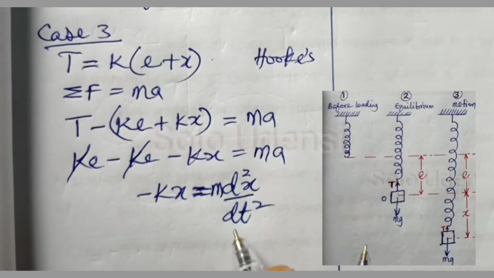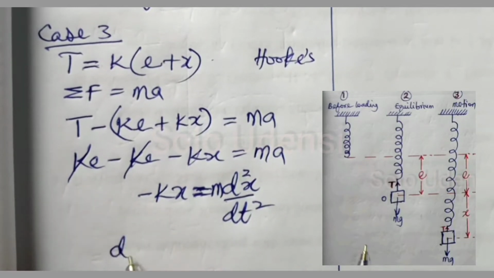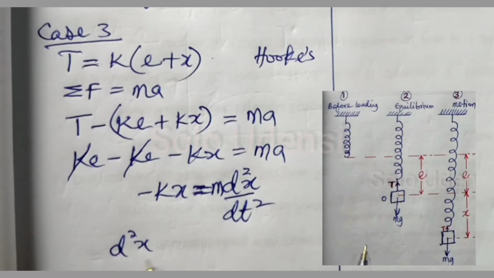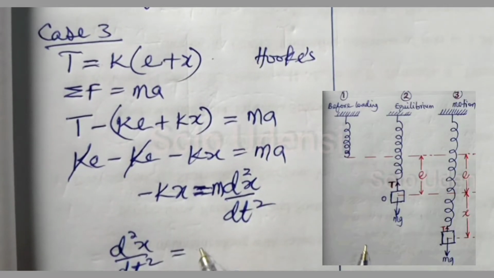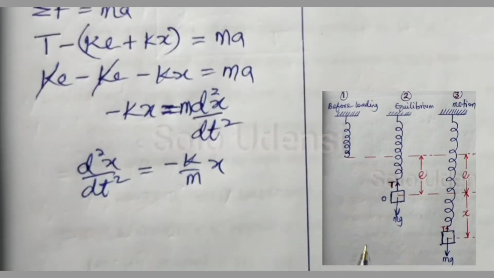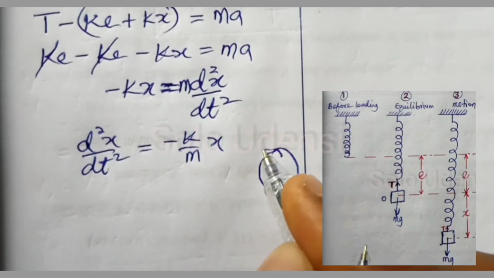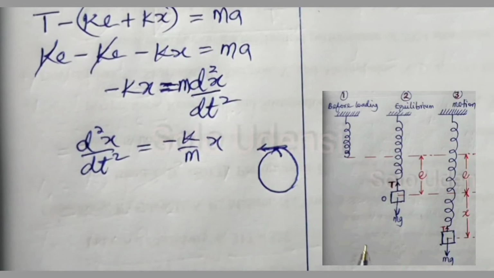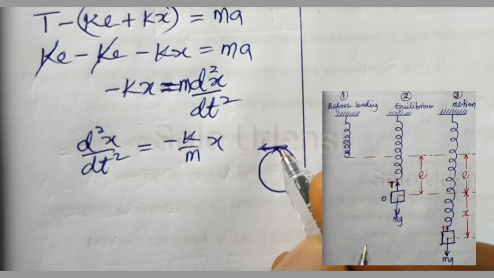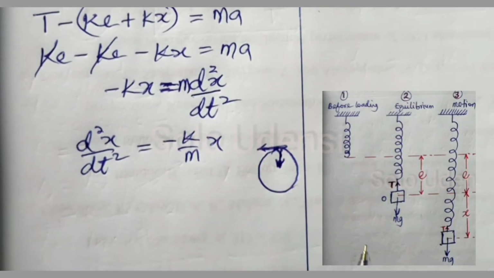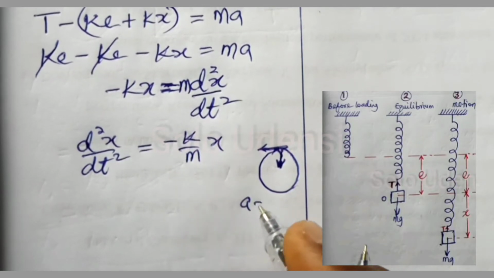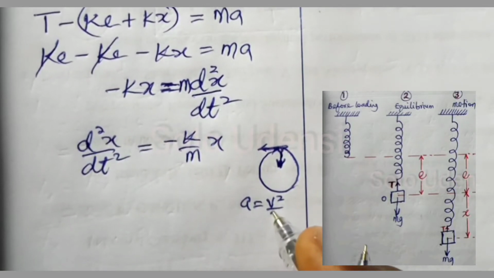So we can write it in this way: d squared x over dt squared is equal to minus k over m x. Remember that when we dealt with motion in a circle, we said that the acceleration is tending inward, and we got that acceleration to be a is equal to v squared over r.